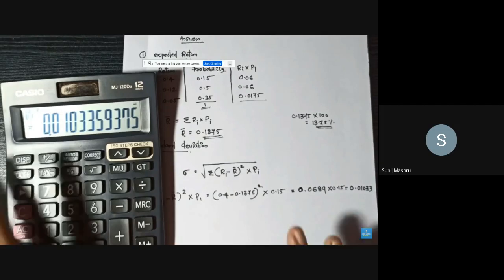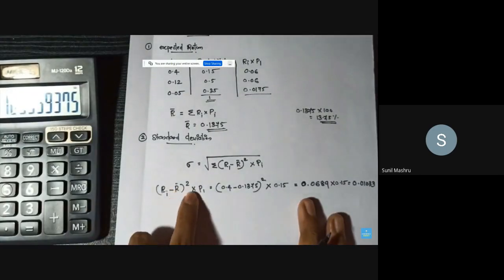So we find (Ri minus R bar) squared into Pi.